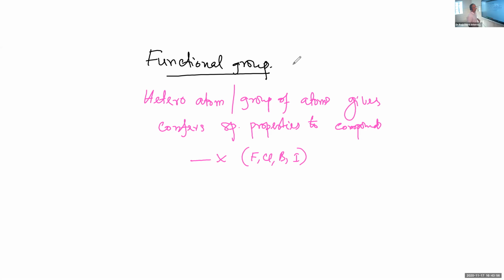That is a heteroatom. So this is for halo compounds. The functional group is the halogen atom. You take alcohols, a group of compounds called alcohols or phenols.